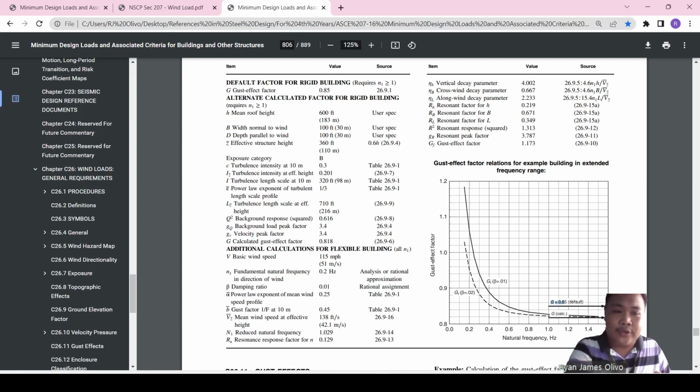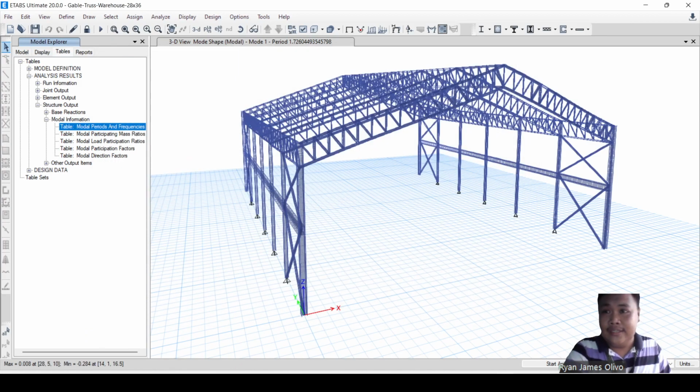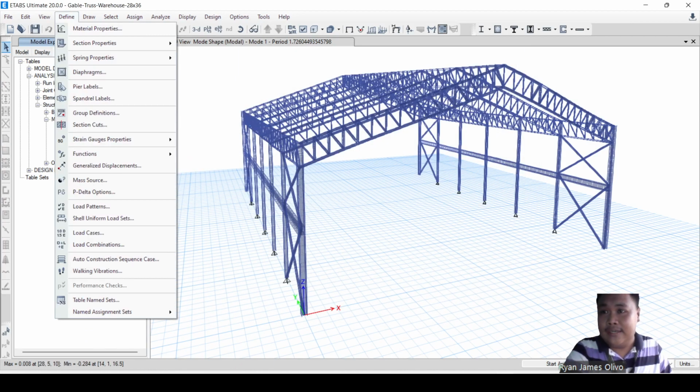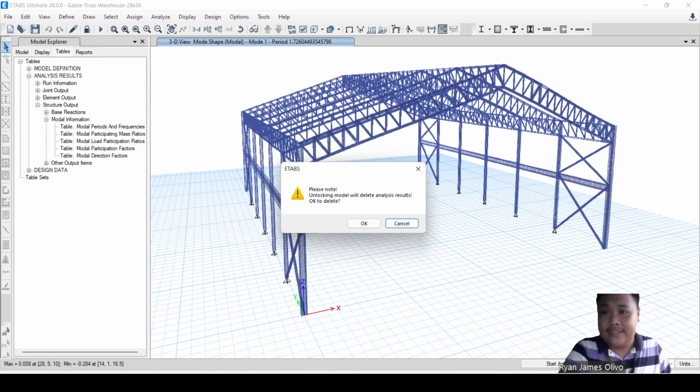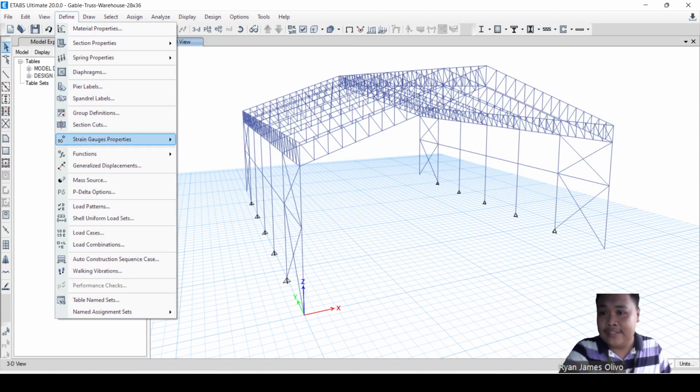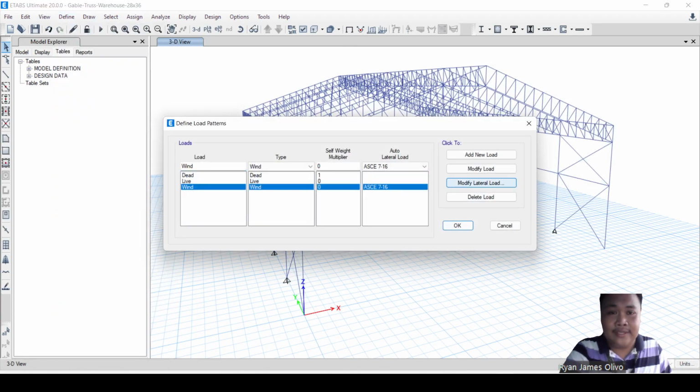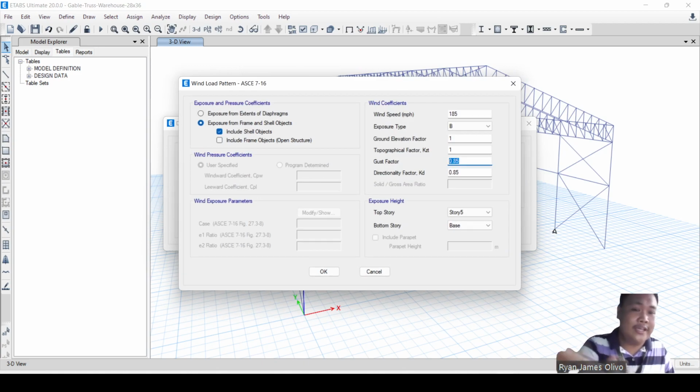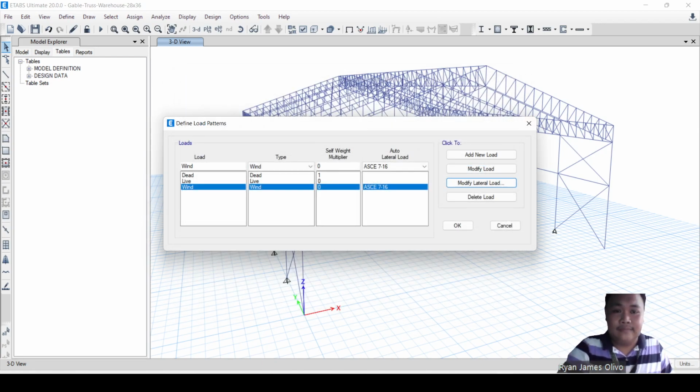Do not always assume 0.85 for a rigid structure. For this one, in our wind loading, I did not define the wind loading yet here, as you can see in the load patterns. So we don't assume 0.85. We put 1.17 if that's the computation. That's why it's very important to compute the gust effect factor.